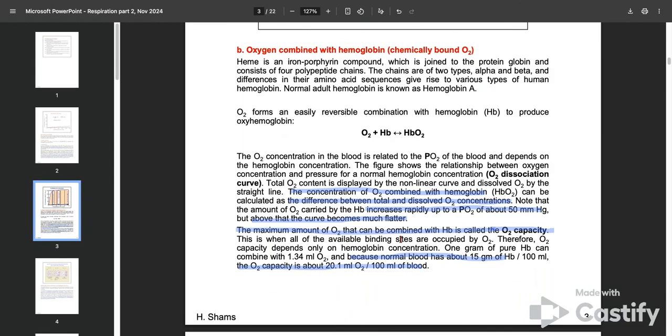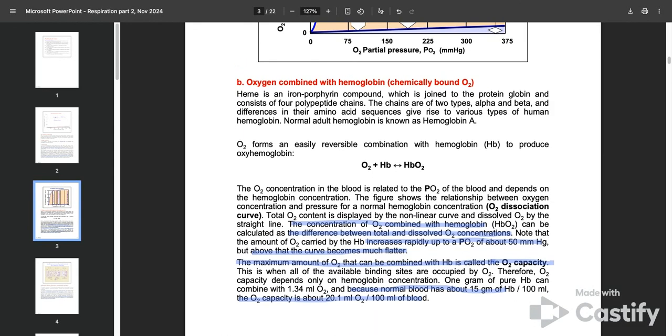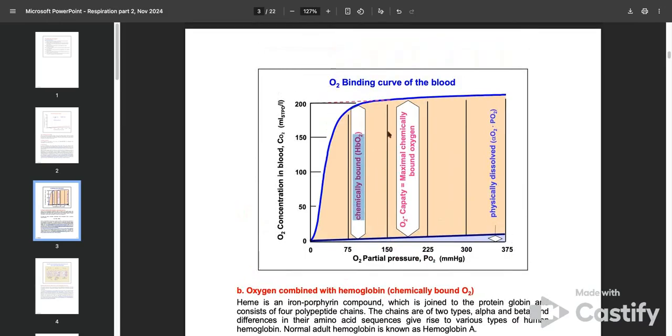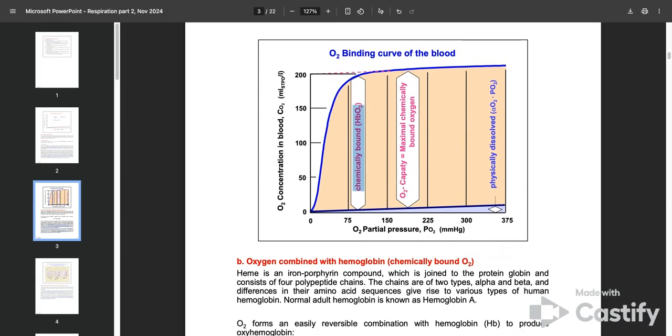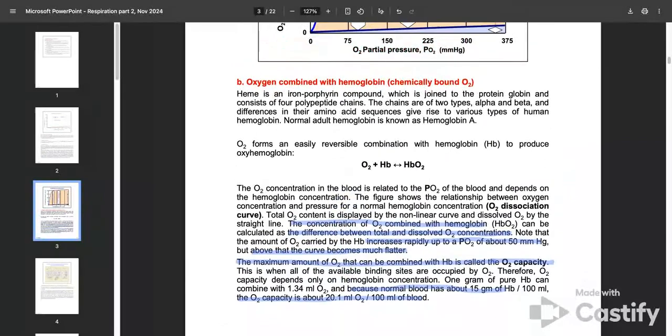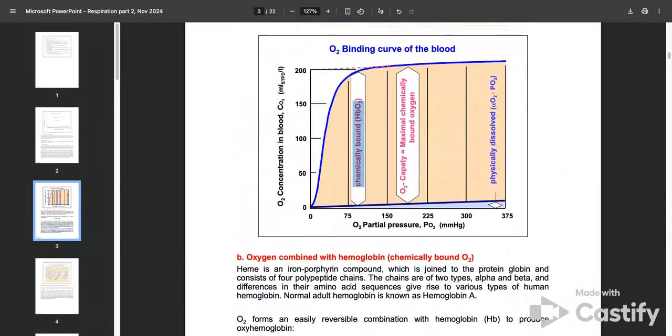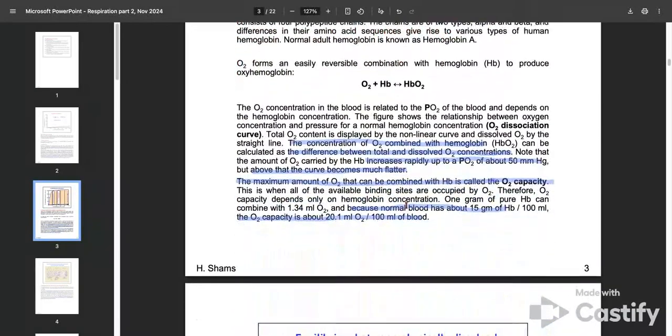And after that 50%, the curve becomes flatter, which basically means that even if you have less oxygen in the air, less oxygen inhaled, that's not going to change that much because it's already bound to hemoglobin. And we're going to talk about that in a bit.